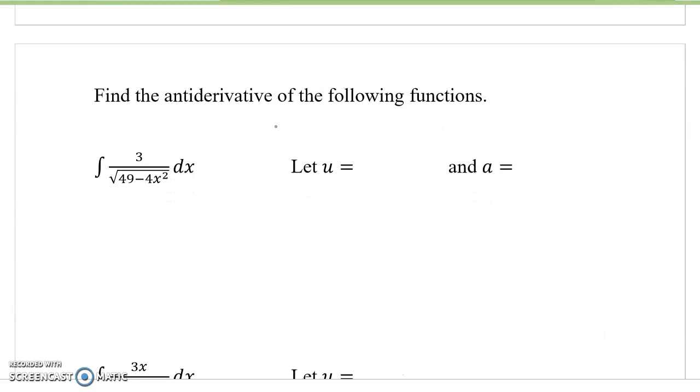All right, so let's take a look at this. The process here is going to be very similar to u substitution. In fact, we are going to do u substitution, but we also want to do an a substitution as well. Some people are going to say, I don't need to write out the a's, I can do it in my head. Well, maybe you can, maybe you can't.